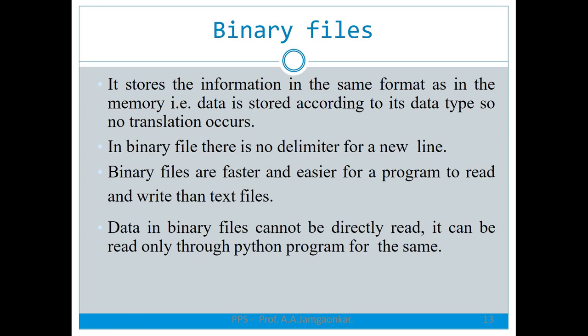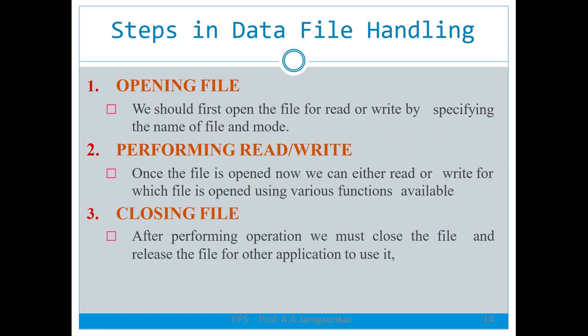Binary file examples are images, videos, PDF, docx files, word document files, zip files, etc. So these are the two types of files available. One is an ASCII text file, and the second one is a binary file.